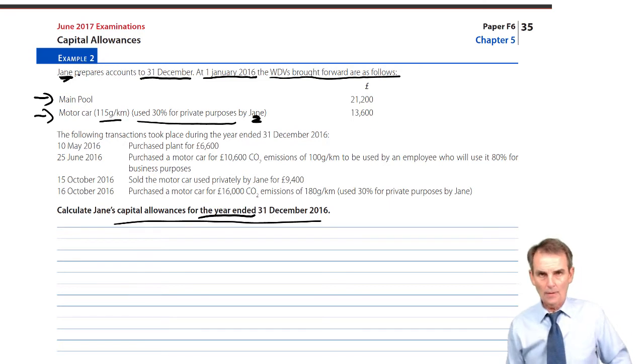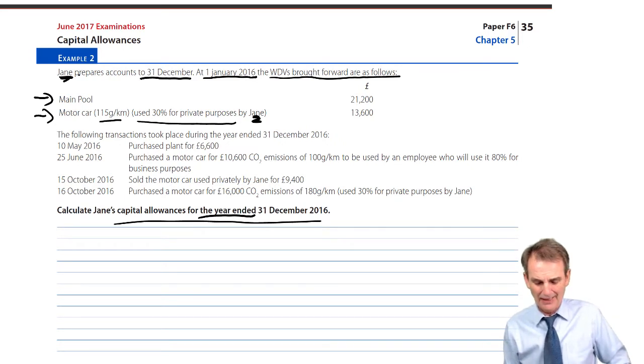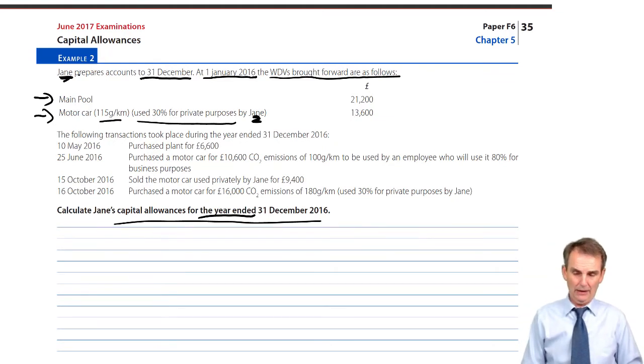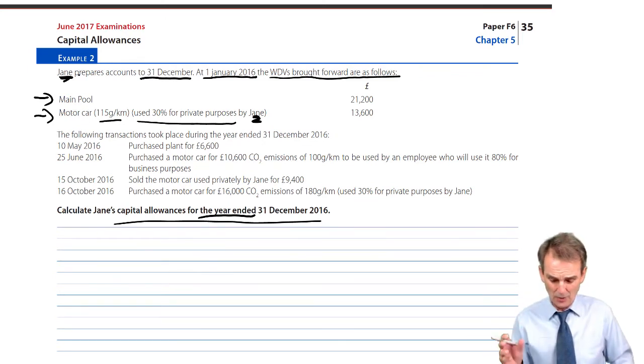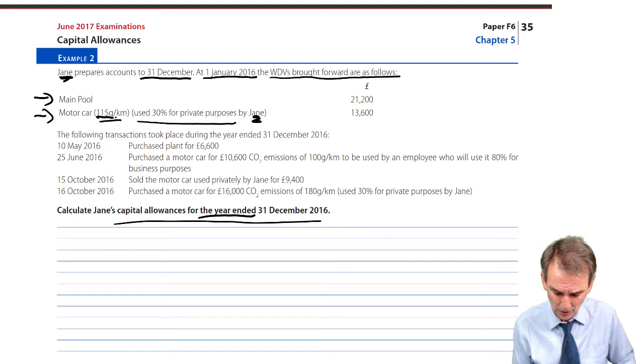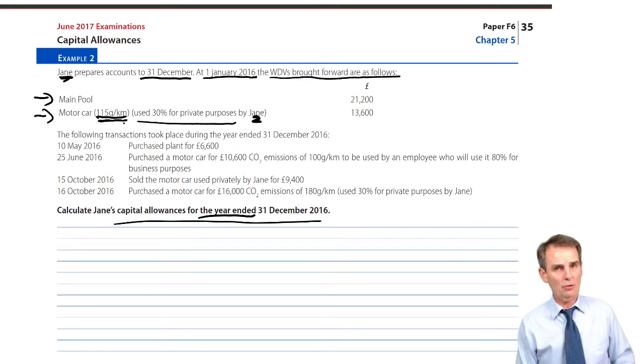Here we are told that in the past Jane purchased this particular car and we've got this 30% private use, therefore 70% business use of that vehicle. That's going to limit our capital allowance, and it means it's not main pool, it's not special rate pool, it's got its own individual column. Although it doesn't go to a pool, still important to know what the CO2 emissions were.